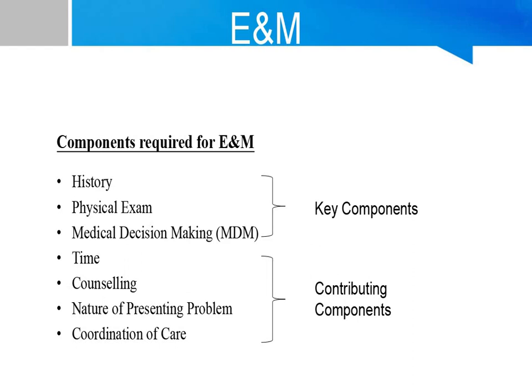So you can see here that I've highlighted two of the digits, the third and fourth digits. So this will explain the procedure, and the fifth digit explains the level of service. There are certain categories in which the codes are divided.